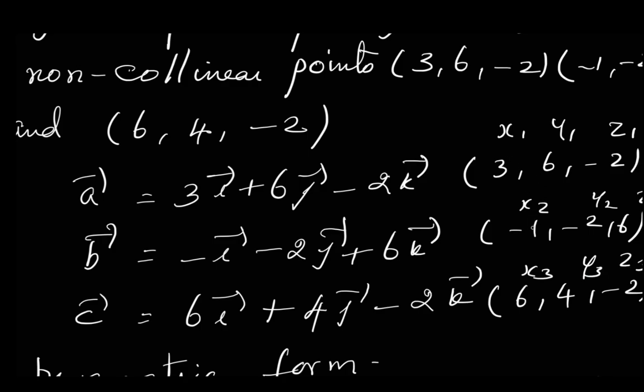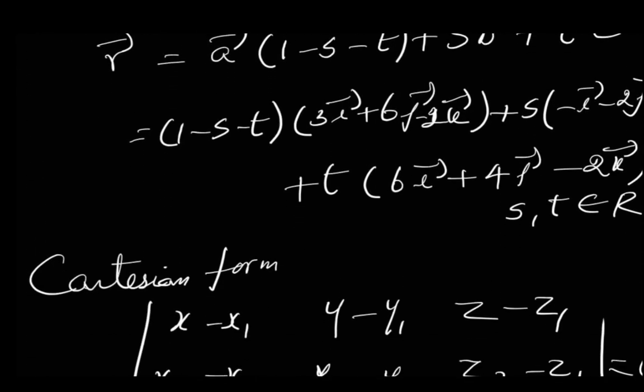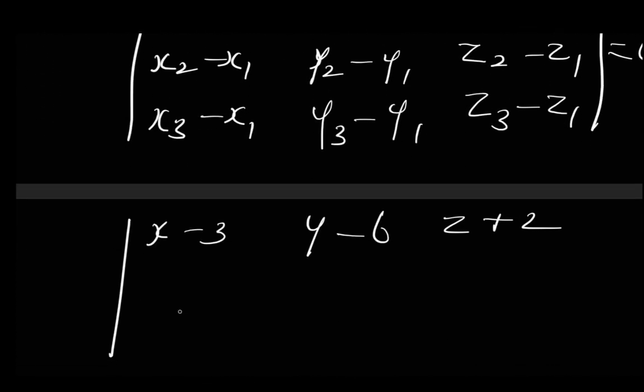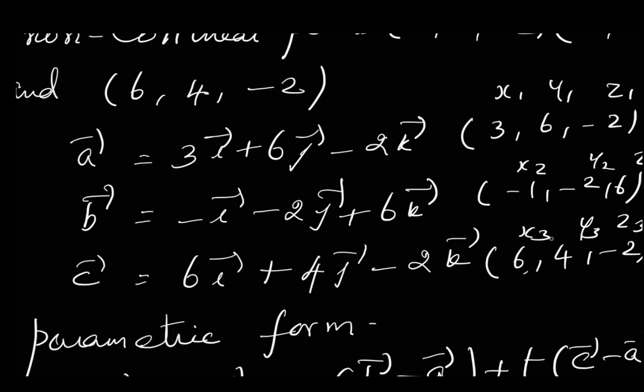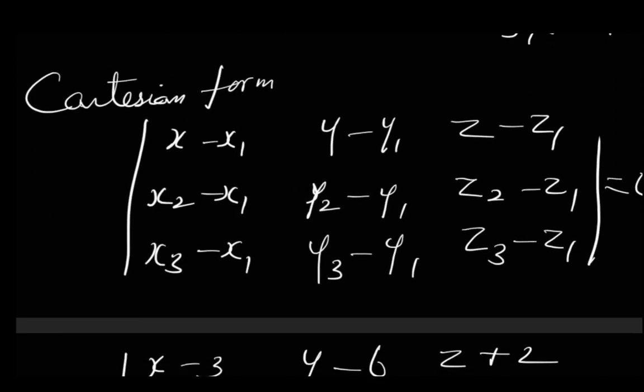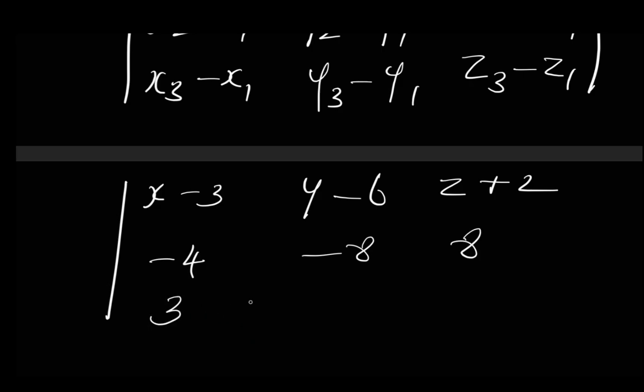So x2 minus x1: minus 1 minus 3 is minus 4, minus 2 minus 6 is minus 8, 6 minus of minus 2 is plus 2, that is 8. So substitute minus 4, minus 8, plus 8. The same way, x3 minus x1: 6 minus 3 is 3, 4 minus 6 is minus 2, minus 2 minus of minus 2 is 0. So you get 3, minus 2, 0. This is equal to 0.